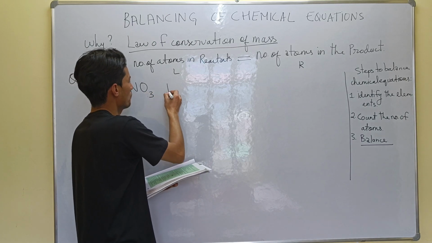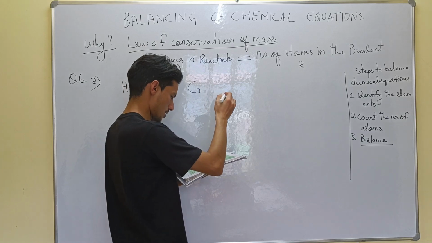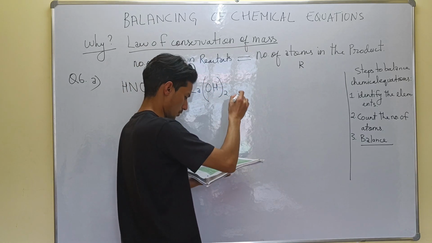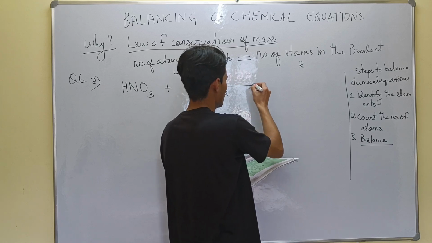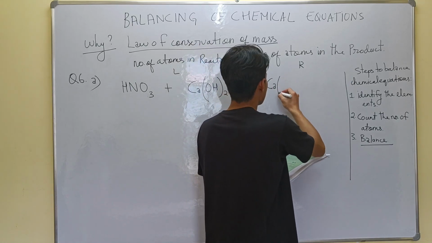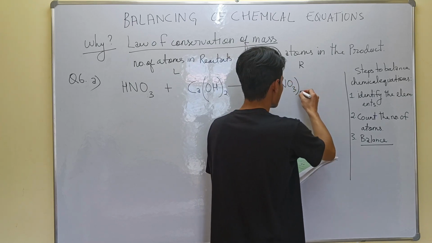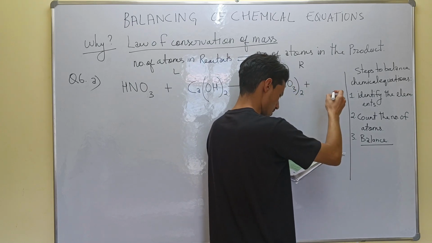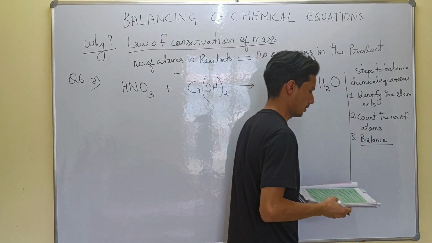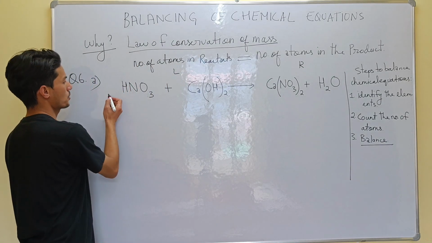HNO3 plus Ca(OH)2 gives Ca(NO3)2 plus H2O. Now you must have seen that I am keeping a space here.